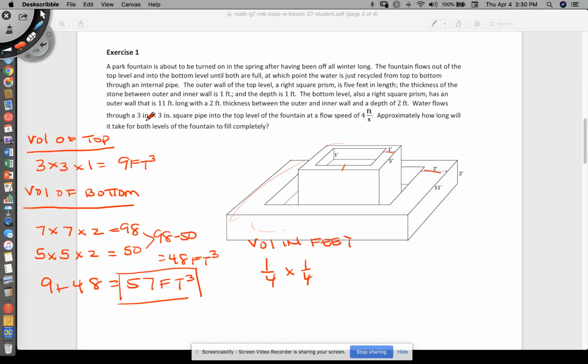And this is talking about that square pipe. And we're going to times that by 4 because it's 4 feet per second. And we get 1/4 cubic feet as my answer there, which means it fills up at 1 cubic foot in 4 seconds. So this is talking about the pipe.